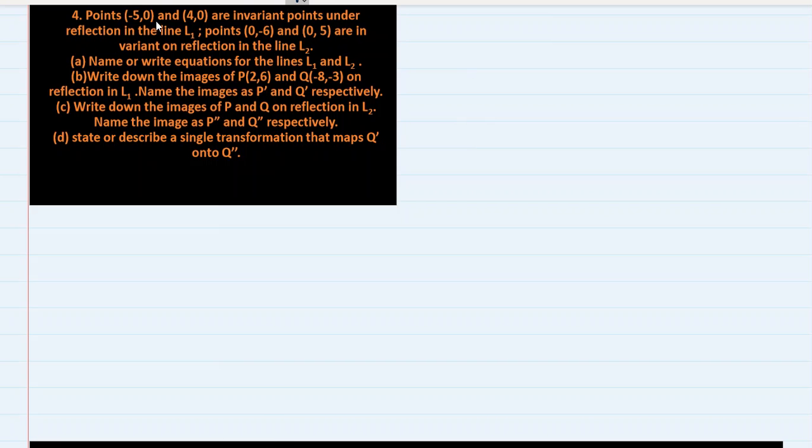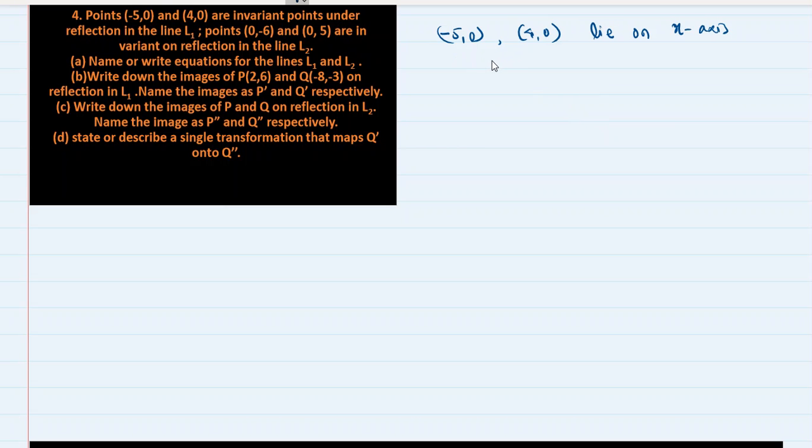Points -5, 0 and 4, 0 are invariant points under reflection in the line L1. So first we have to find on which axis they lie. Their y coordinate is 0, so they lie on the x-axis.